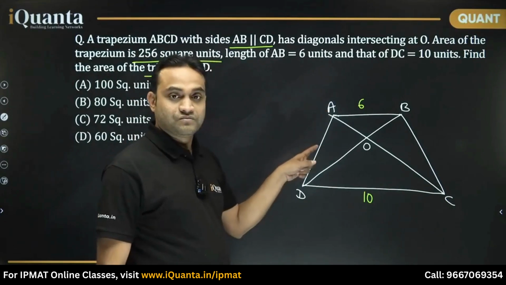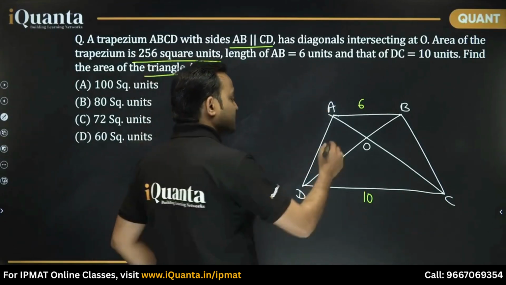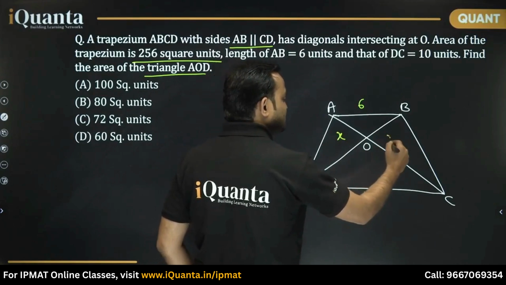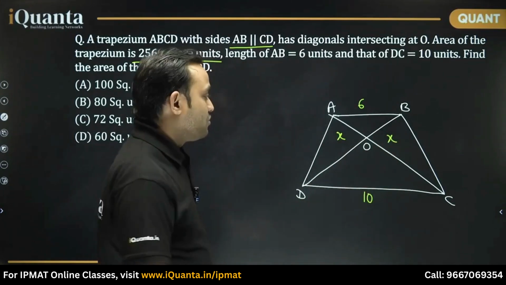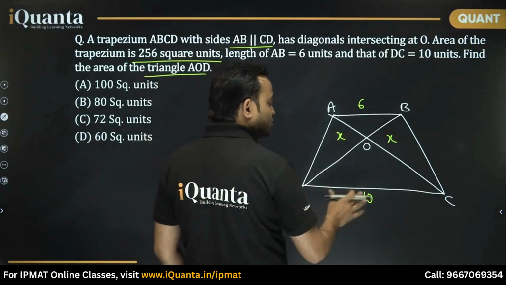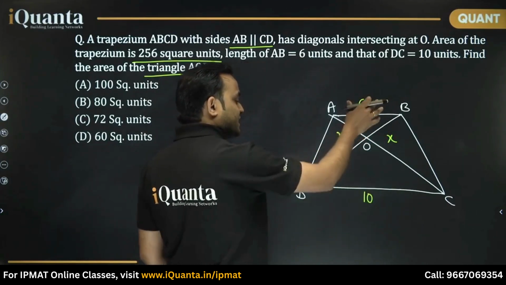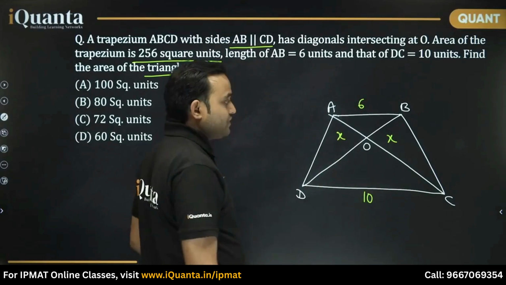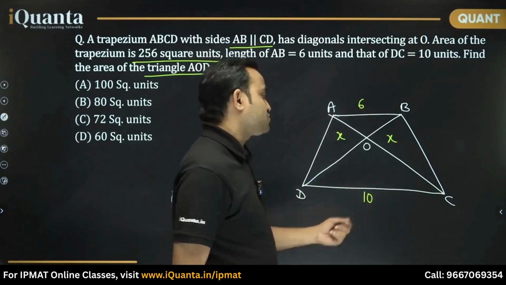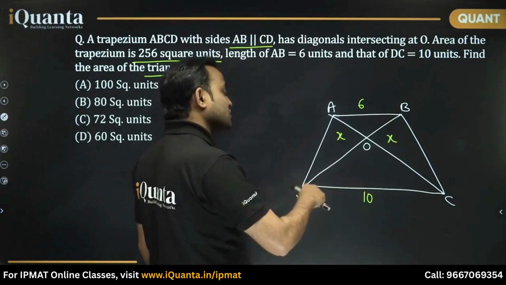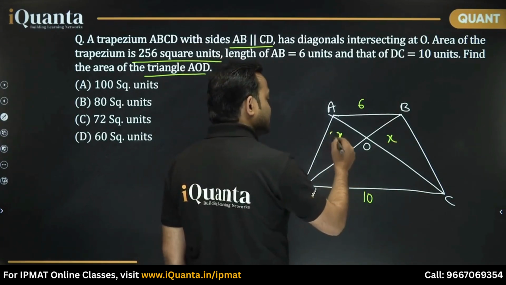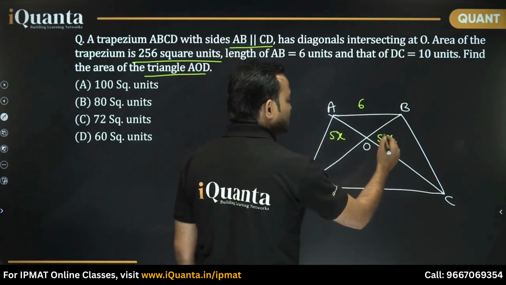AOD. Now what do we know? We know that if this area is X, this will also be X. Right? Now we know that AB is to DC is 3:5. If AB is to DC is 3:5, OB is to OD will also be 3:5. So instead of taking X, if I take this as 5X, this will also be 5X.